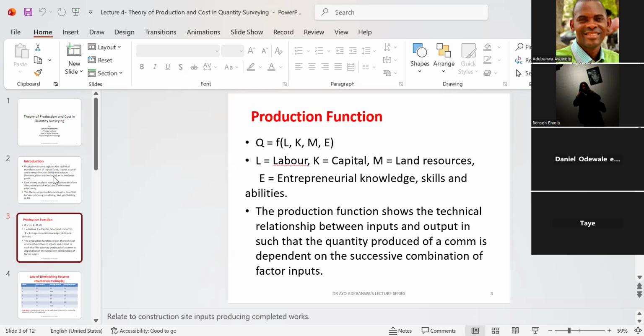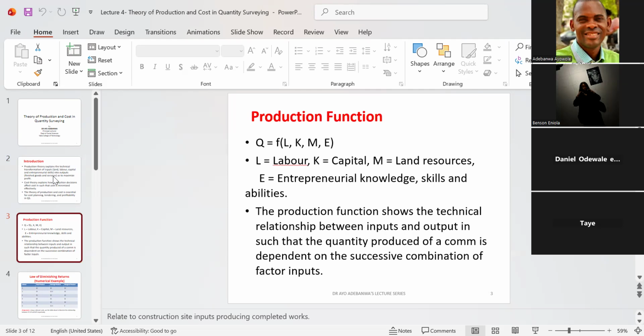The production function, if you look at the next slide, slide 3, it says that Q is a function of L, K, M, and E. Q is a function of F, L, K, M, and E. The L there is the labor, the K there is the capital, the M there is the land resources, and the E there is the entrepreneurial knowledge, skills, and ability.